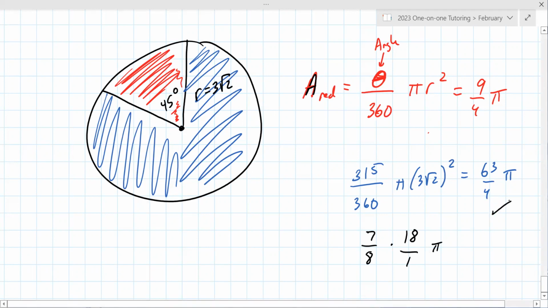Good, because the 8 would become 4, 18 would become 9, 9 times 7 is 63, 4 times 1 is 4. Yes. All right, I don't know why, out of everything we've done, this is something I've just been struggling with.